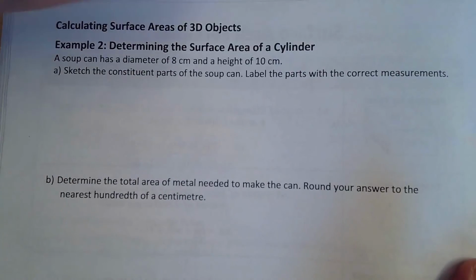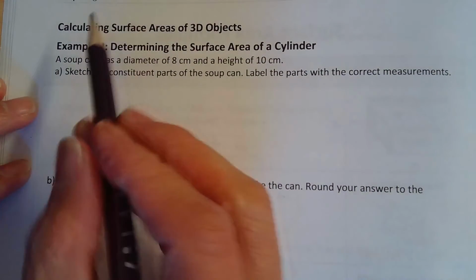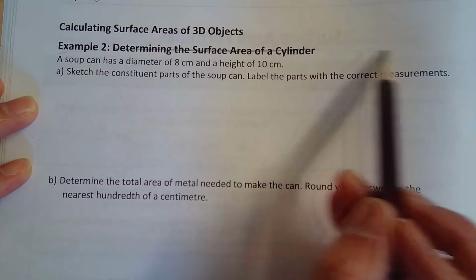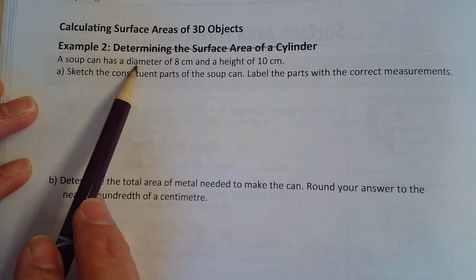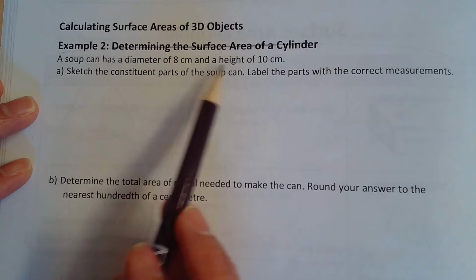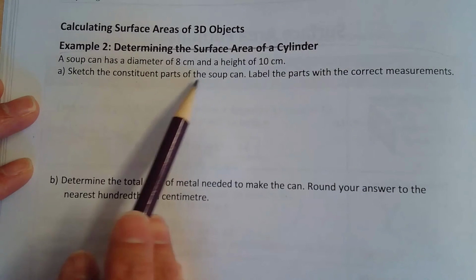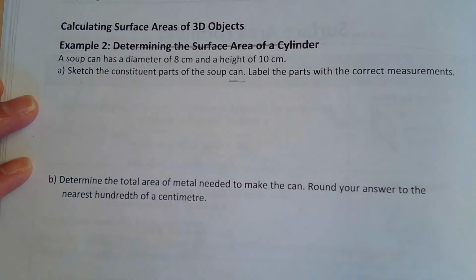So this one here, if this is an assignment question or a test question, they're not going to tell us this part here, right? It's going to just show us this information. So it says here, a soup can has a diameter of 8 centimeters and a height of 10 centimeters. Sketch the constituent parts of the soup can. Label the parts with the correct measurements.